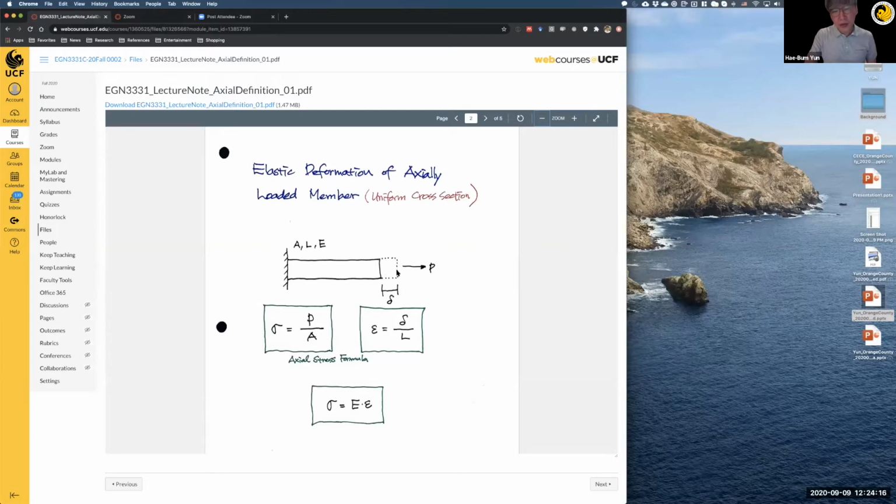So my question is two things. One is what is the stress in the cross section? Second is what is the deformation delta? Can we calculate? So that is the main problem of this chapter.